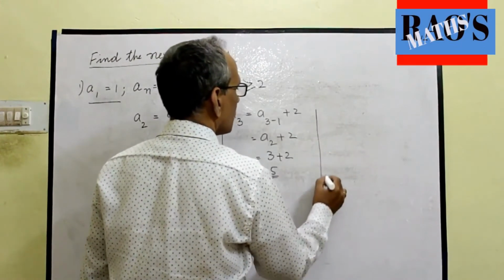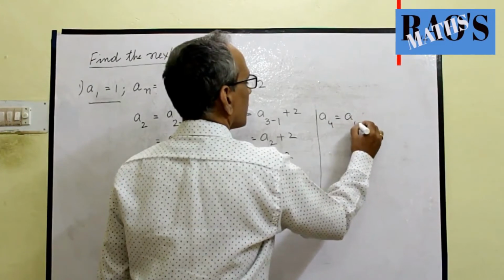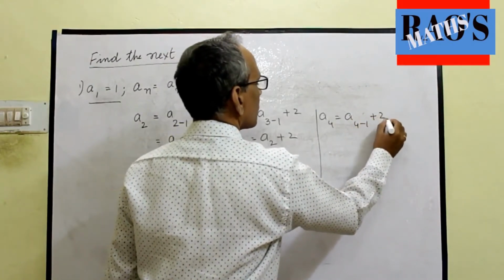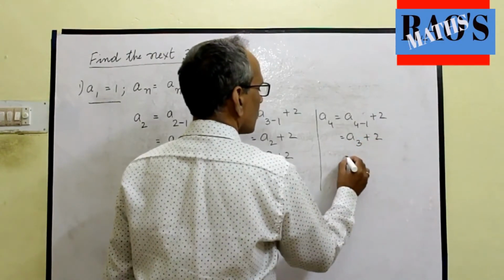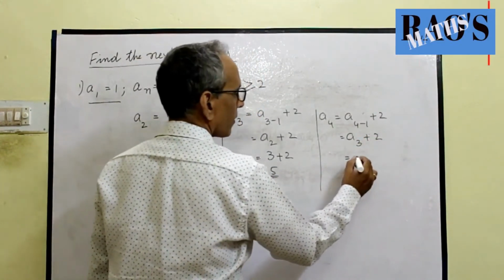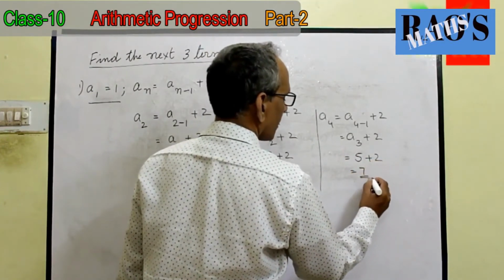Now, the fourth term is a(4 minus 1) plus 2. So, it gives the third term plus 2. Third term, we got 5, plus 2, 7.